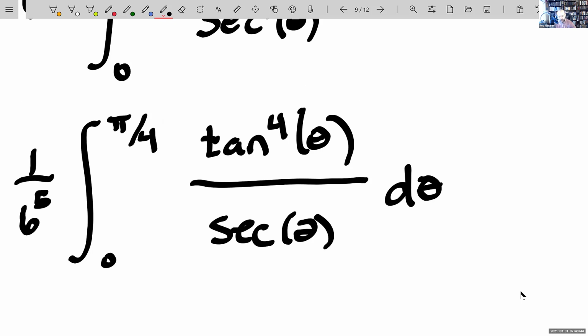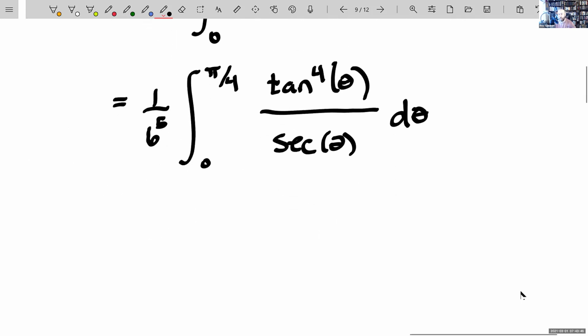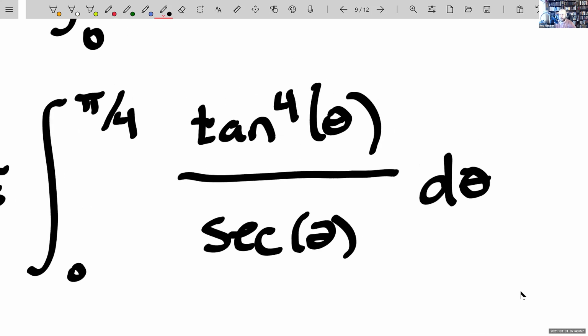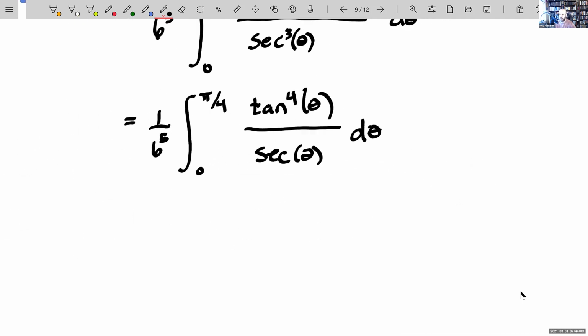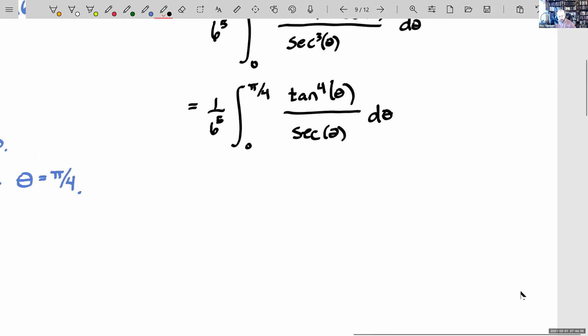That's a bad idea. So I'm really thinking that maybe just switching it out for sines and cosines, or better yet, you could technically trade tangent out for a secant squared minus 1. You could do that as well.